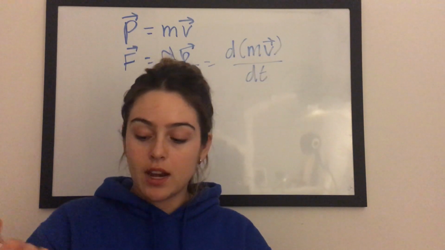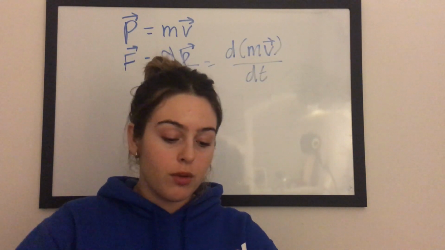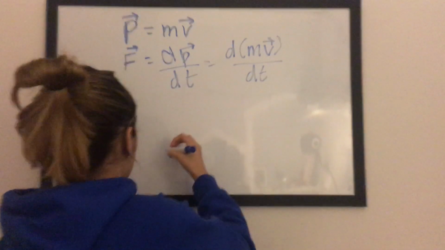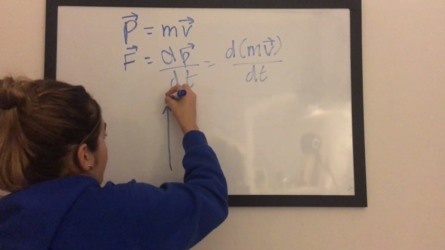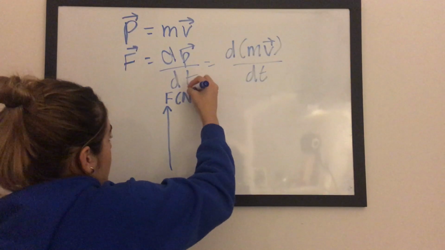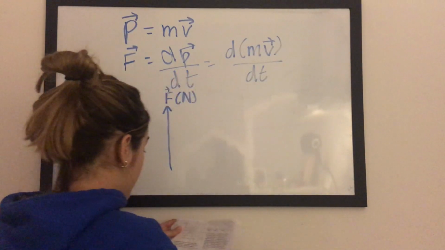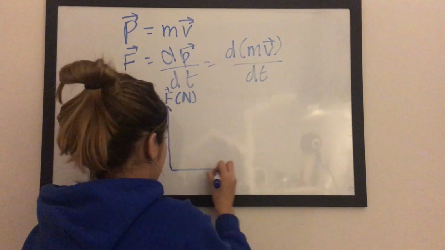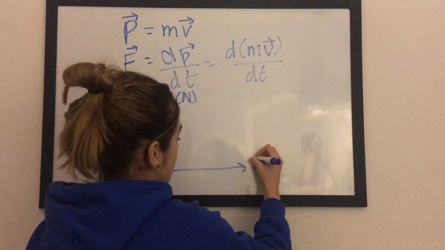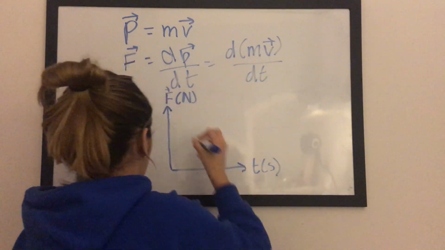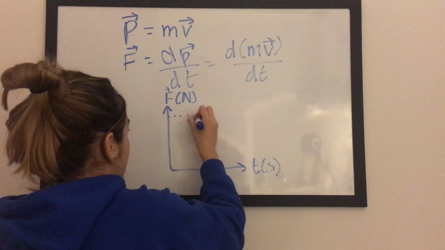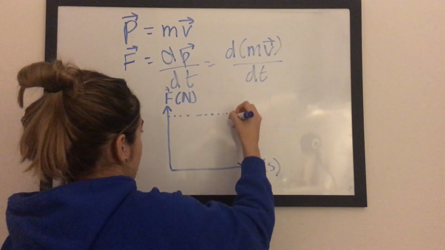So I'm going to go ahead and draw the graph up on the board. We've got our y-axis here, which represents the force, which is in newtons. And then we've got our x-axis here, which represents time and which is in seconds. We've got a gridded graph.